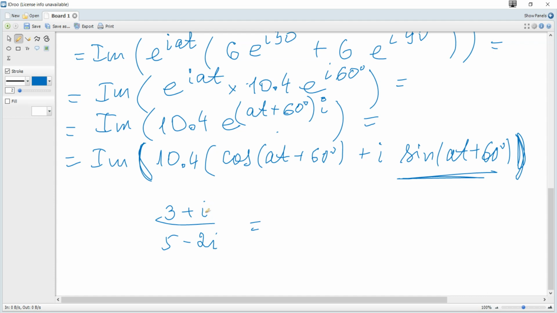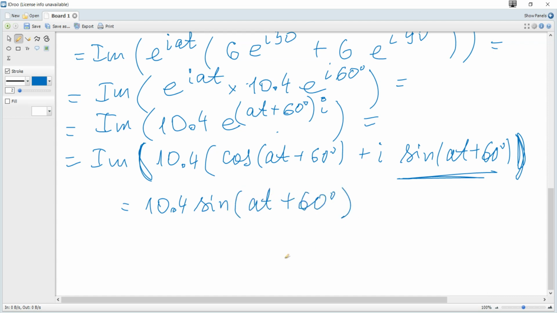You should simplify or rearrange so that you get something plus something i, and only when it is written in such form can you say it's the real part and it's the imaginary part. So the imaginary part is just 10.4 sine of 80 plus 60 degrees, and it's the required answer.